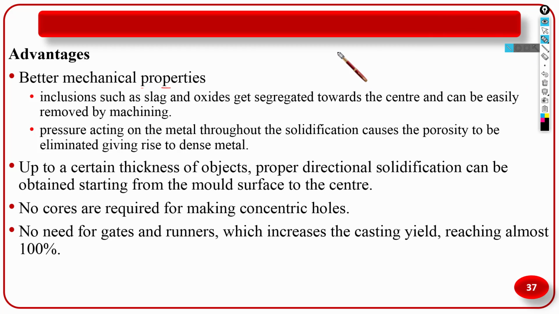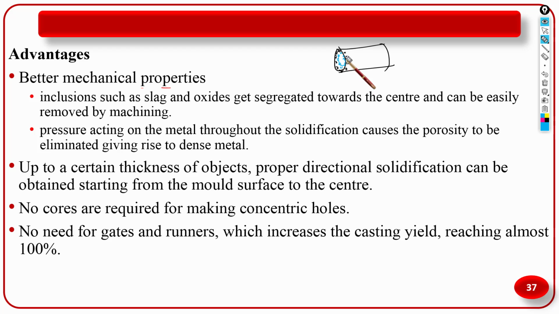When we are doing centrifugal casting, what is happening is that due to the centrifugal force, the particles which have high density will be thrown far, and any material which has less density will be near the center. Are you getting or not?